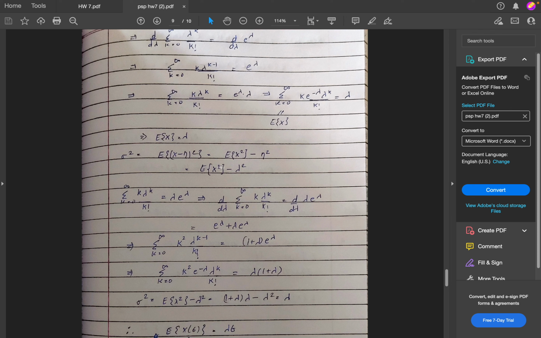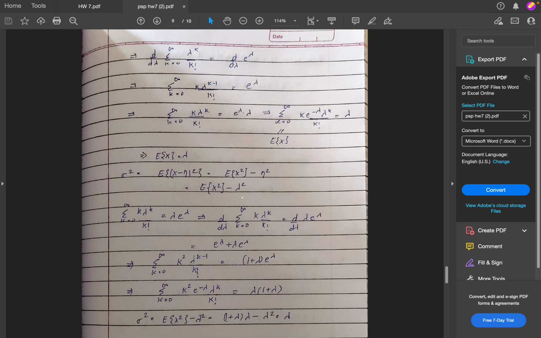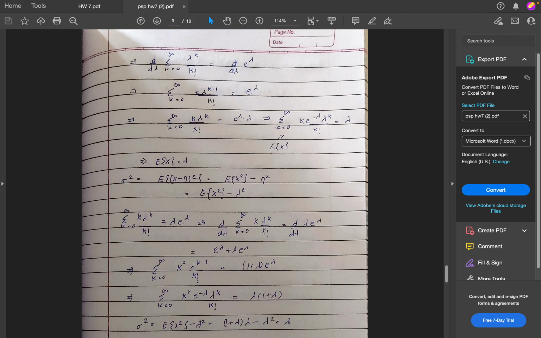So this will become the expected value of x square minus lambda square. We are just substituting the value. To find the expected value of x square, we can use the previous equation, which is this one.